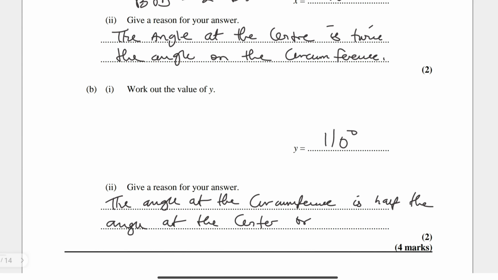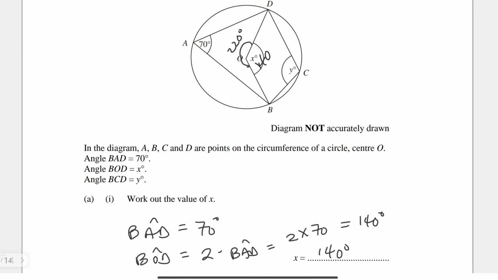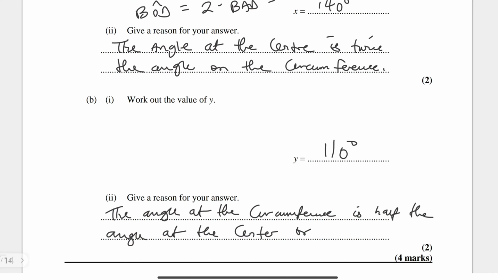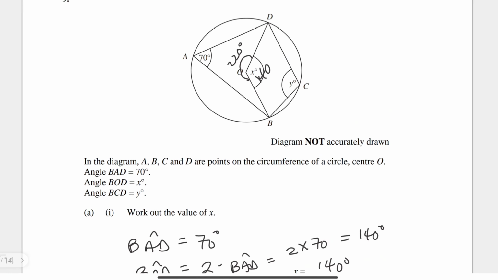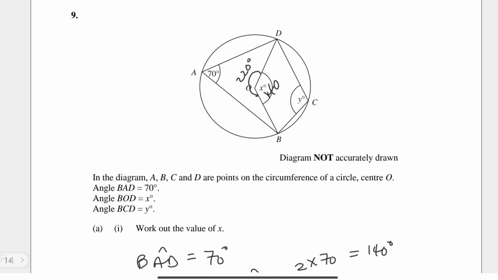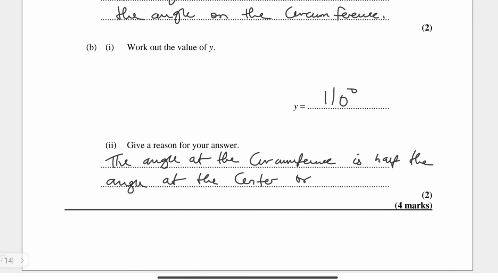Or we can say that y and 70 is 180 degrees because they are supplementary, because that is a cyclic quadrilateral. Or what is y again? BCD and BAD. BCD and BAD are supplementary angles. Both are correct.